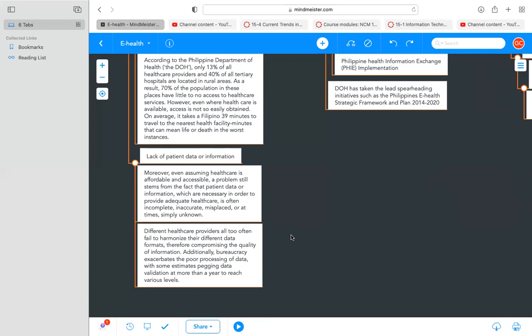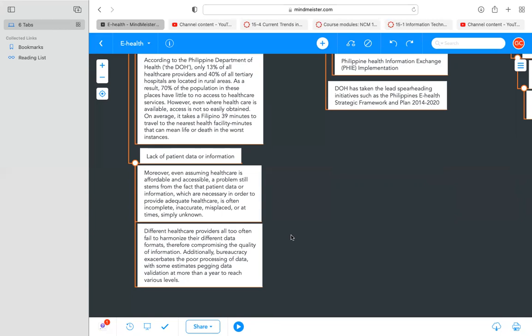Also, bureaucracy even more exacerbates the poor processing of these data, with some estimates pegging data validation at more than a year to reach various levels. So imagine that bureaucracy just to get pertinent information.